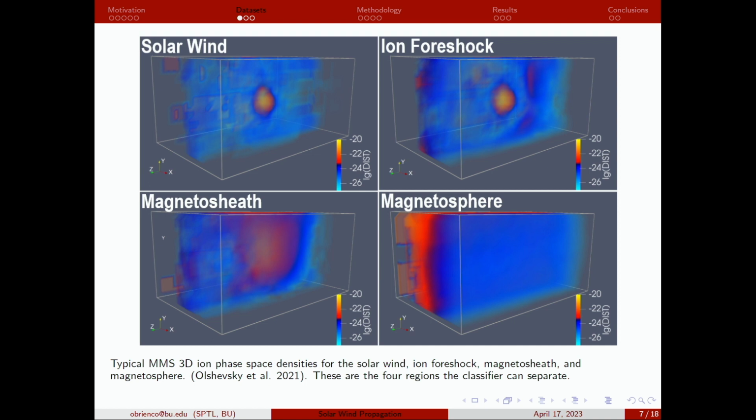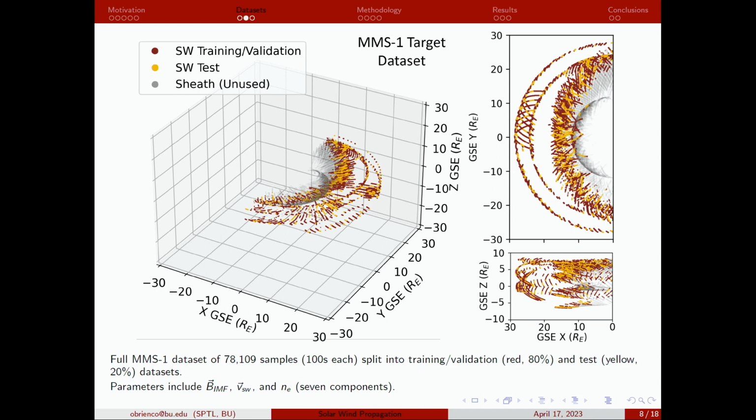Using this algorithm, we partitioned MMS1 data into 78,109 samples on the day-side magnetosphere. A 3D distribution of those is shown on the left, and then cuts in these axes are on the right. The features that we selected from this data set are the 3-component magnetic field, 3-component velocity, and electron density.